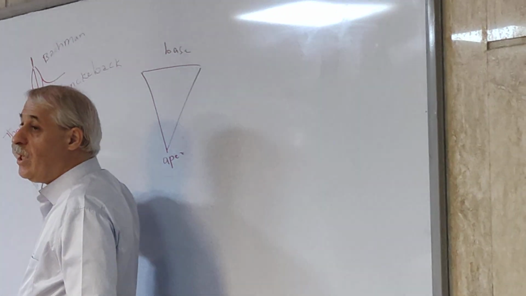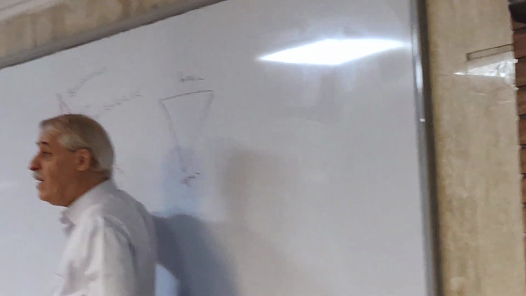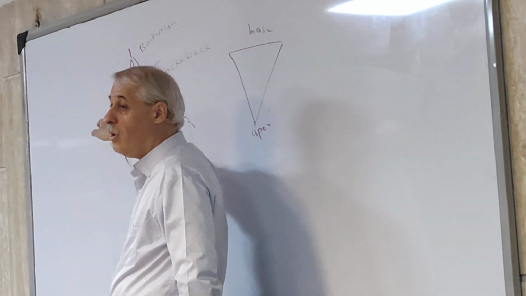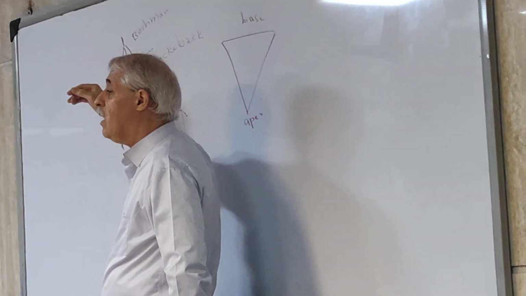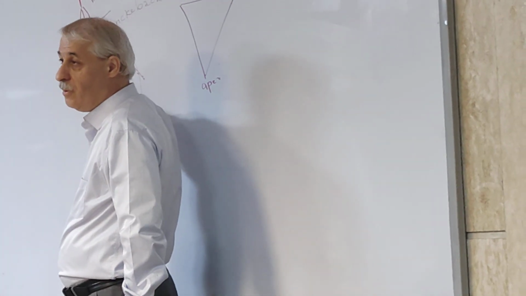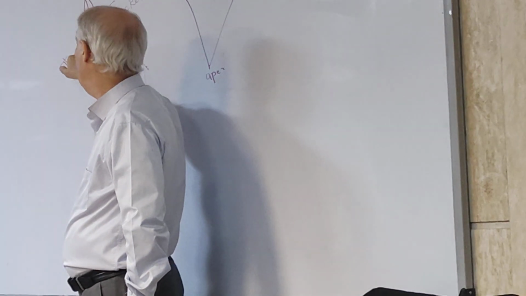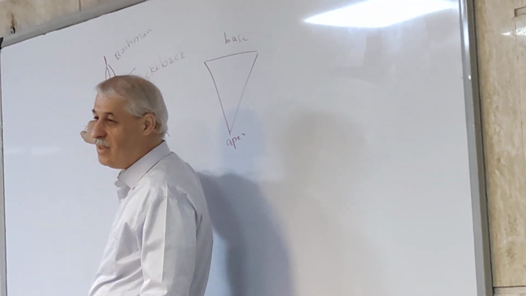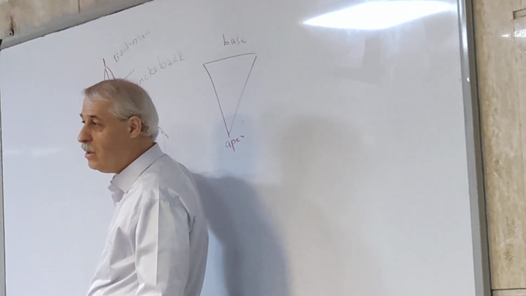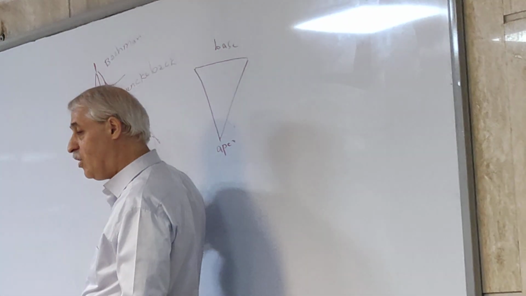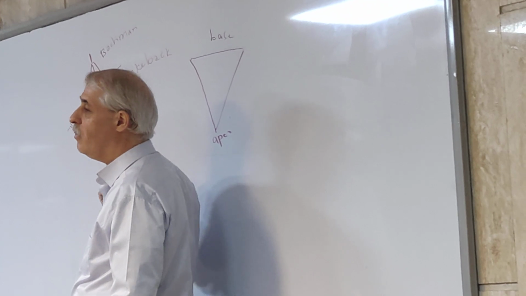The AV node was discovered by a Japanese medical student, Tawara, and another American physiologist, his teacher, Aschoff. Tawara, the junior, is the discoverer of this bundle. This bundle, right and left bundle branches, and Purkinje fibers.